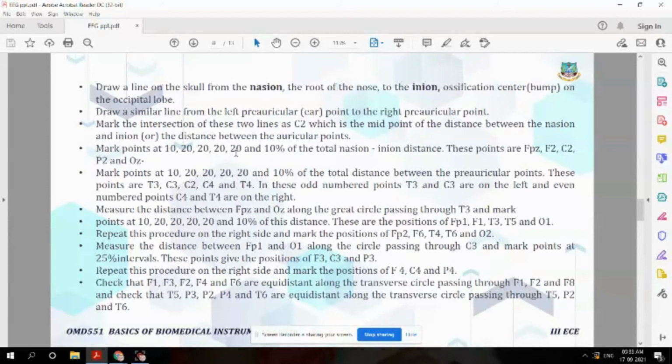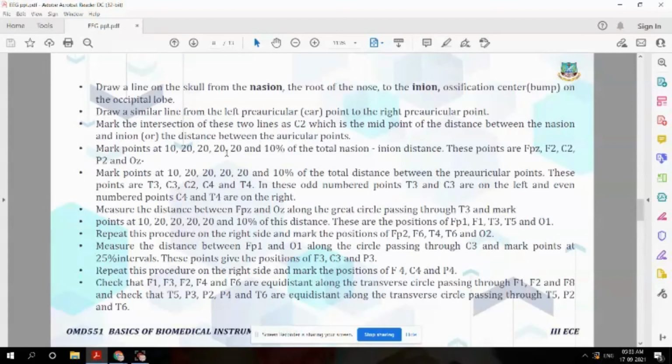That means the total Nasion to Inion distance is divided into 5 points. The first electrode is placed at 10 percent of the distance. The next electrode is placed at 20 percent. The third electrode is fixed at 20 percent distance from the previous one. The fourth electrode is fixed at 20 percent distance from the previous one. And the last, fifth one is fixed at 20 percent distance from the previous one.